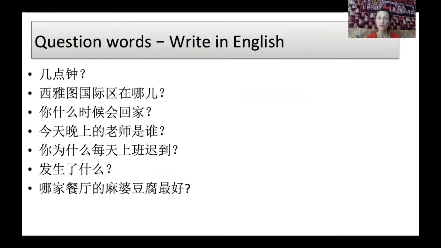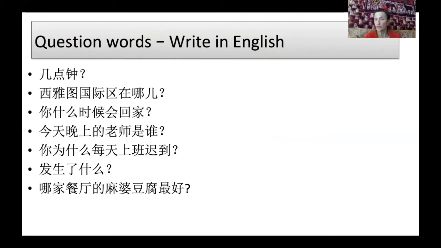So here are a few sentences asking questions in Chinese. So 暂停视频一下 and 试试做 用英文试试做 重写 这些句子。Okay, try to rewrite these sentences using English.